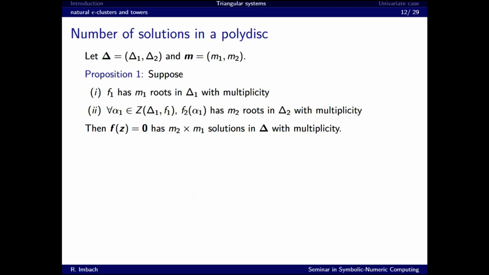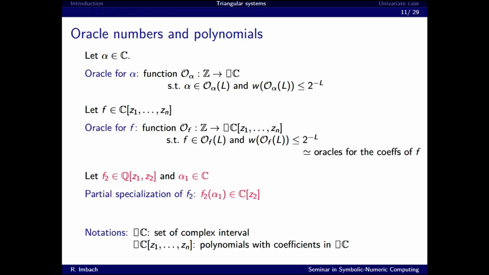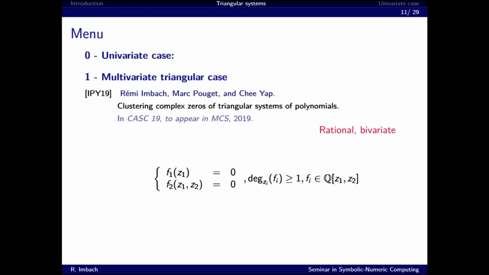Can it happen that if you substitute one of the roots of f1 in f2, f2 becomes 0? If f2 becomes 0, it will mean that the system has an infinite number of solutions.